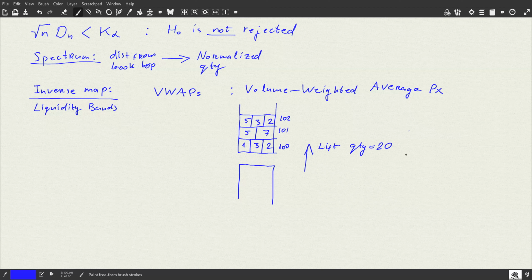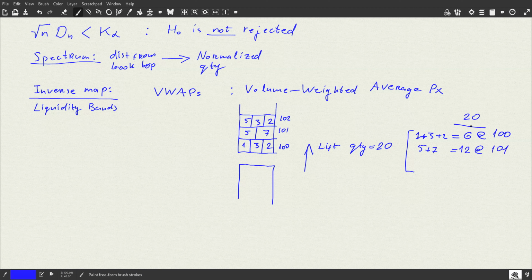Of this 20, they will get 1 plus 3 plus 2, which is obviously 6. They will get at the cheapest price, 100, right? The extra 5 plus 7, which is 12, and they need to fill 20 altogether. So the extra 12, they are going to get at 101.